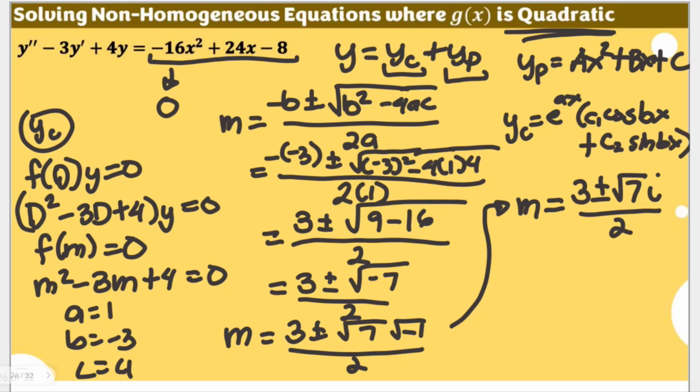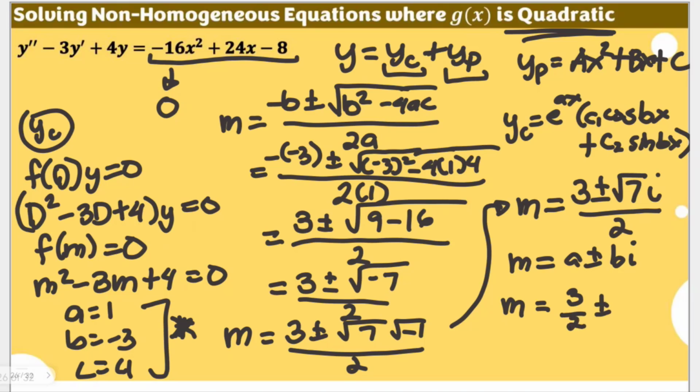We need to establish the correct a and b. It's not the a, b, c here because we used those for the quadratic formula. It would be in this form, m is equal to a plus or minus bi. And since it's still a rational expression, we can separate our numerator into this form: 3 halves plus or minus the square root of 7 halves i. Hence, the a for our general solution is 3 halves, and our b is the square root of 7 halves.